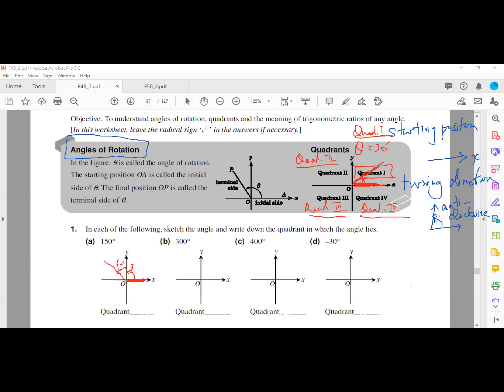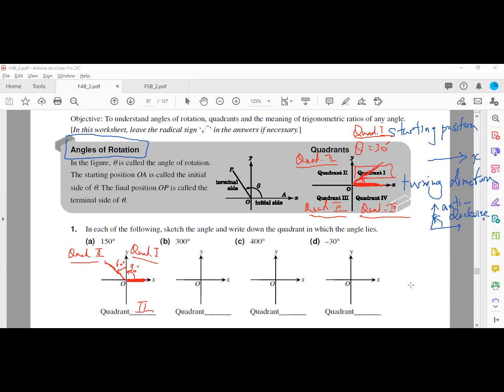This is 90 degrees. So the sum of them is 150 degrees, and the side is landing on this box. This is quad 1. This is quad 2. Okay? So you just write down quad 2 as the answer.